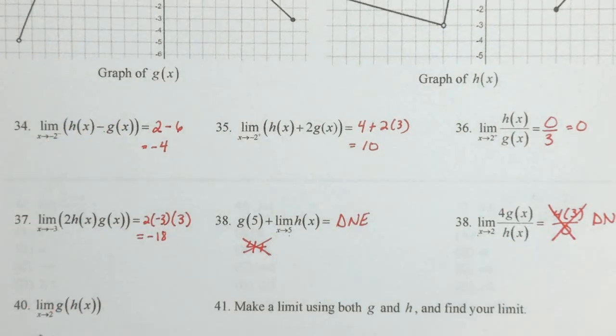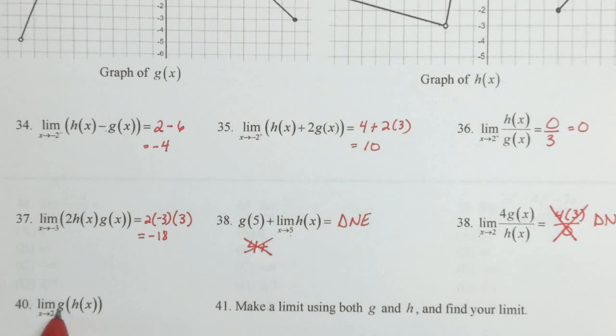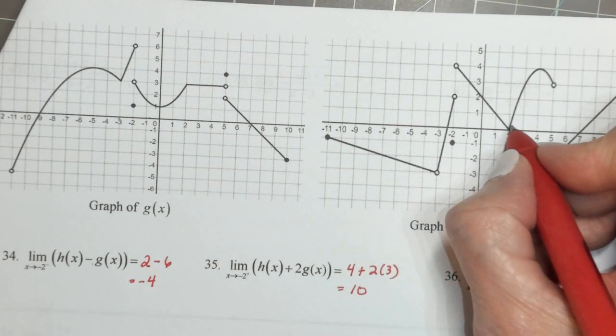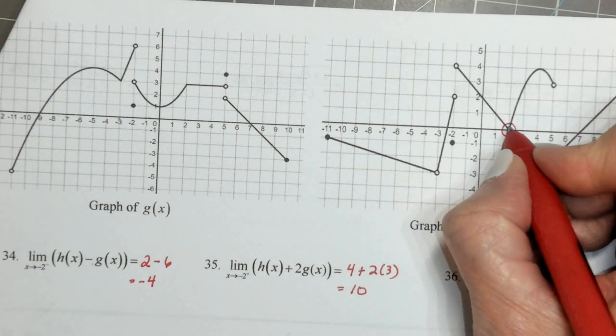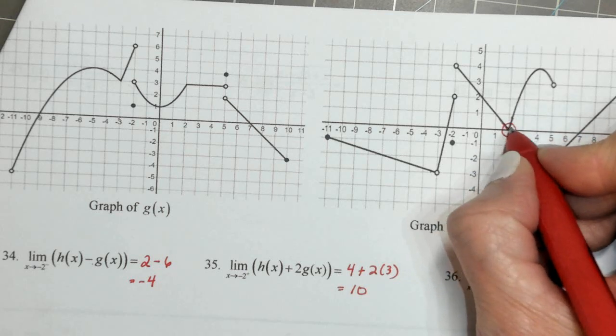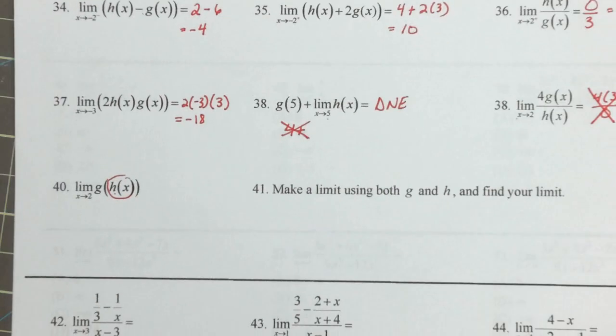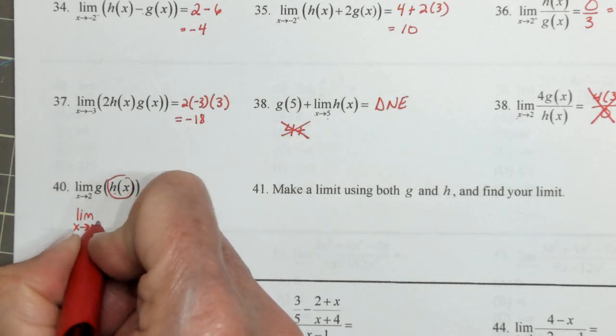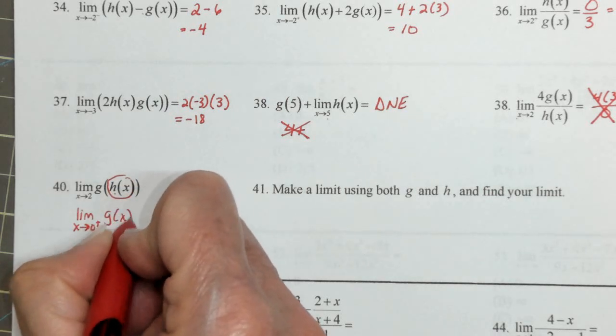Okay, limit as x approaches 2 of g of h of x. So first I go into h of x as x approaches 2. That's going to be 0 from above. So this will be the limit as x approaches 0 from above of g of x.